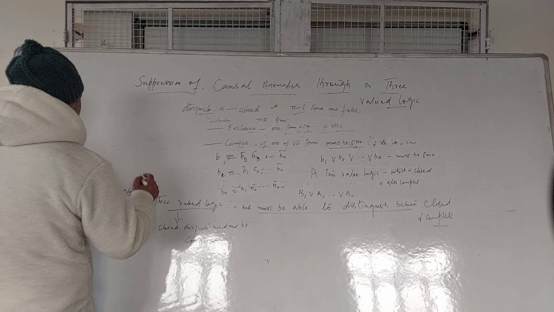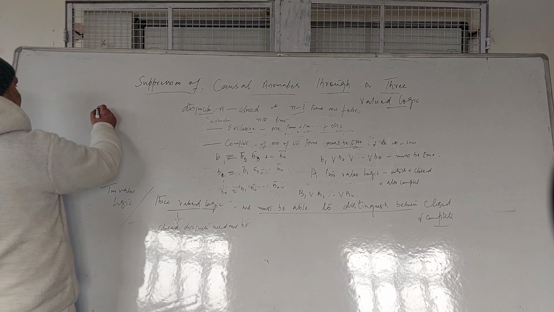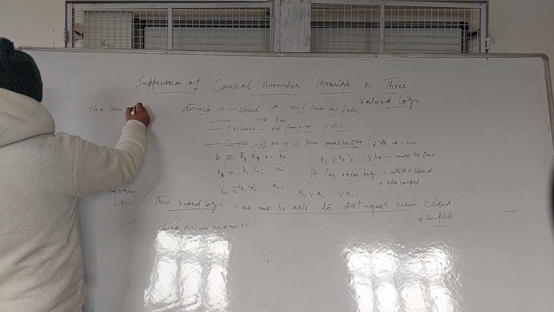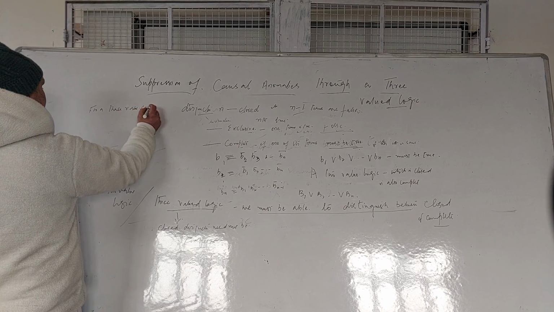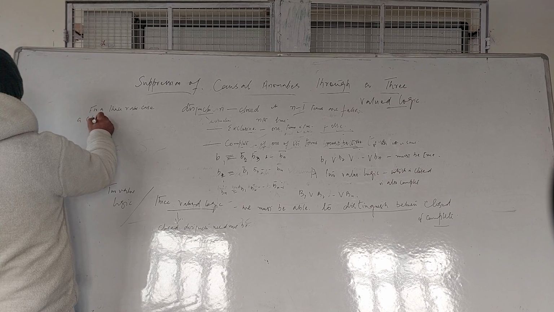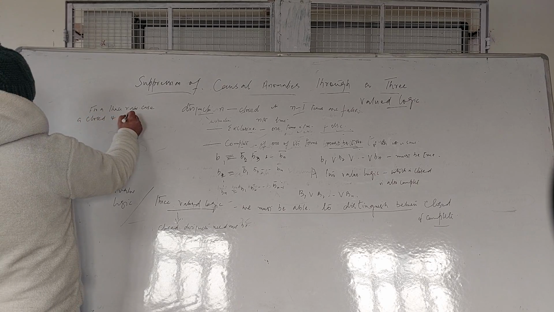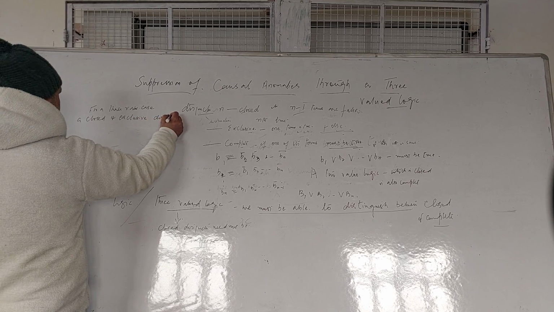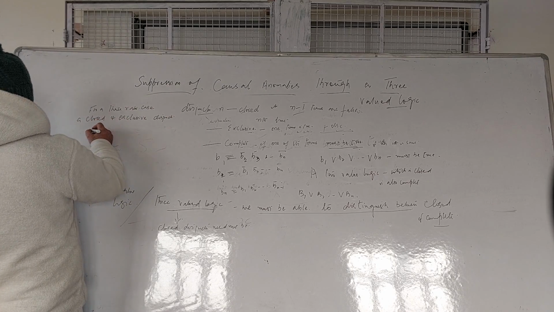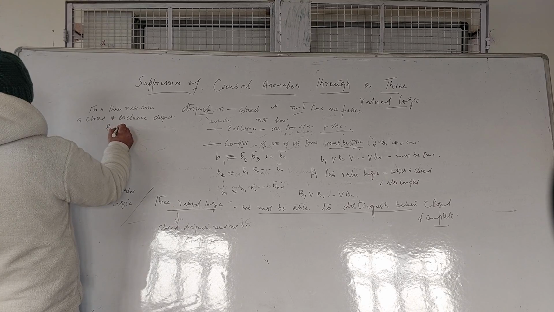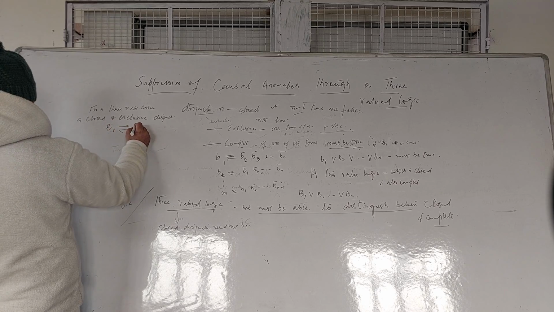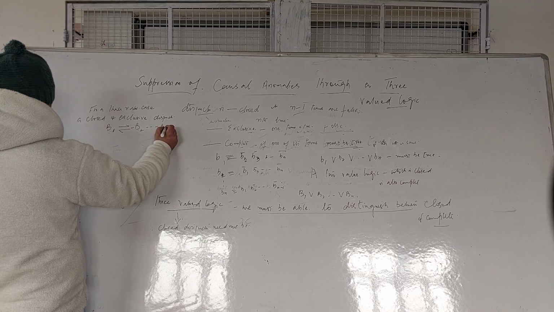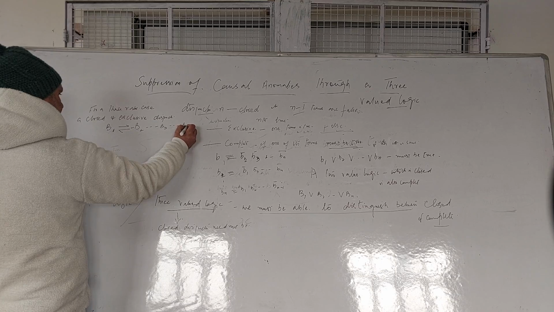For a three-valued case, a closed and exclusive disjunction is given by B1 implies minus B2 minus B3 minus Bn.